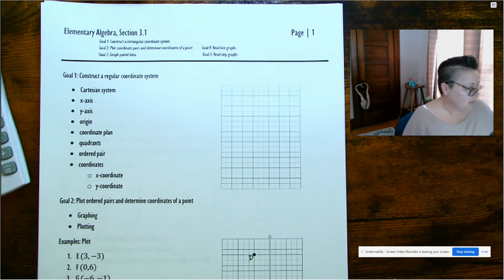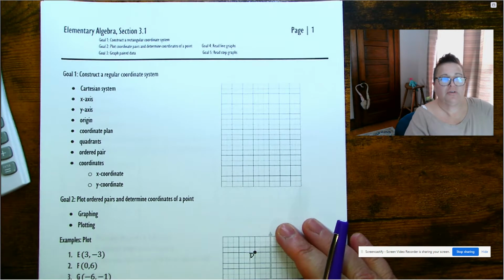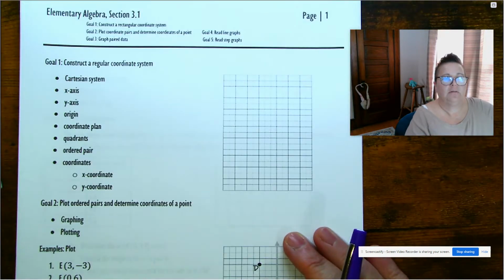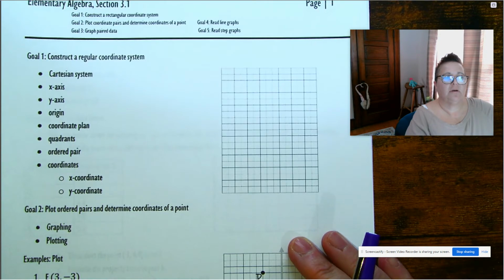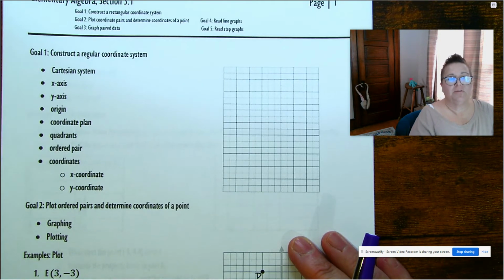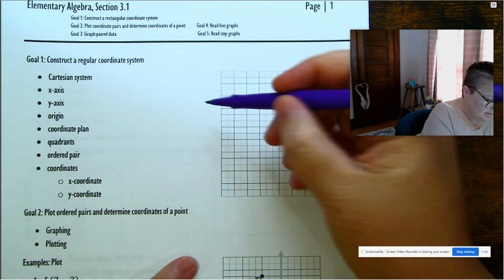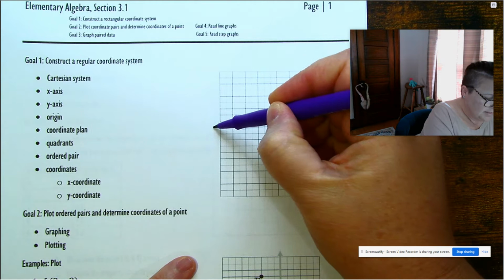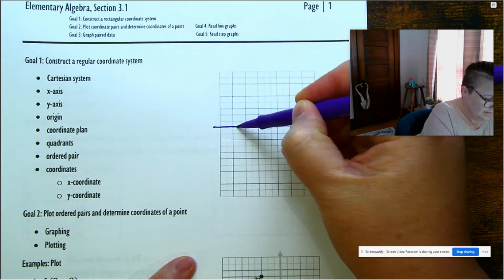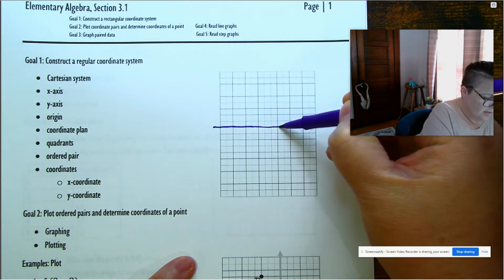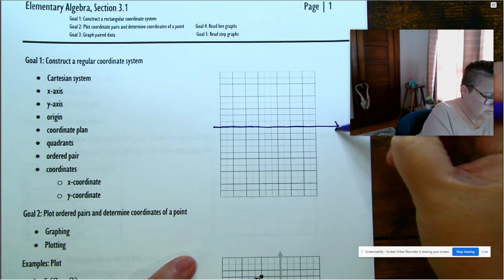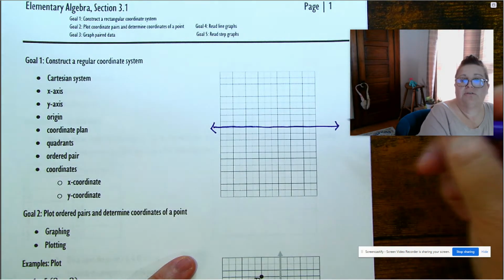All right, so some of the things we need to talk about to begin with. We want to make sure that you understand that a coordinate plane, don't want to give anybody vertigo, is also known as a Cartesian system that is based on an x and y axis. The x-axis is the horizontal axis that crosses the plane straight across.